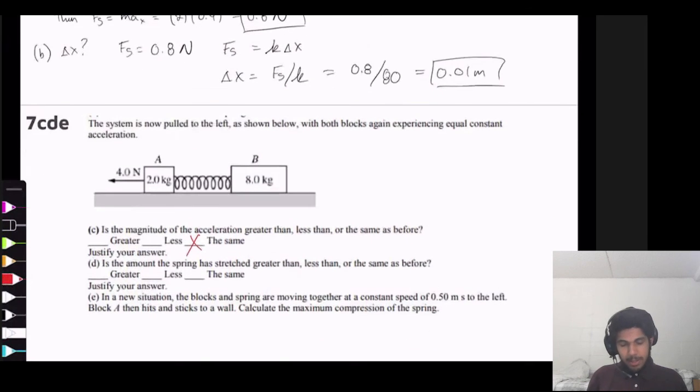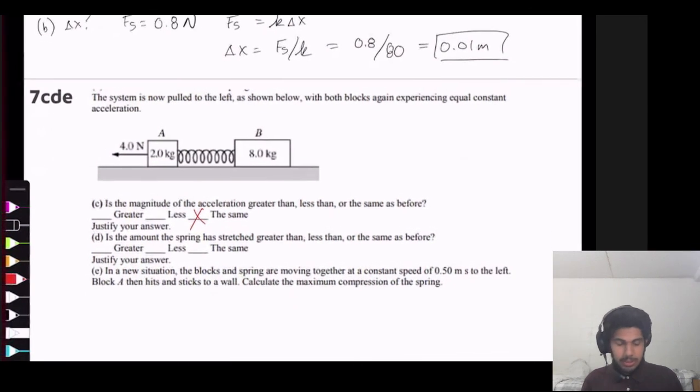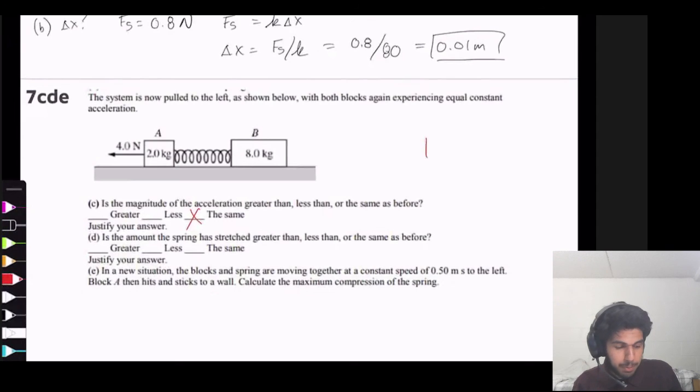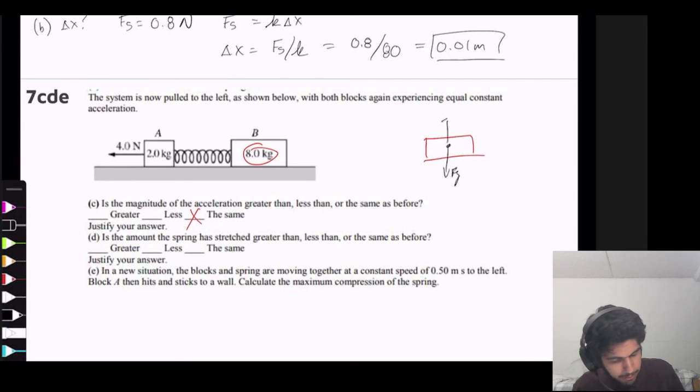Okay? Is the amount the spring has stretched greater than, less than, or the same as before? Alright, so let's take a look at the free body diagram for block B in this case, since that's the one that's further away. We have Fg pointing downwards, we have Fn pointing upwards, and now we have the spring force to the left, since the thing is going to the left.